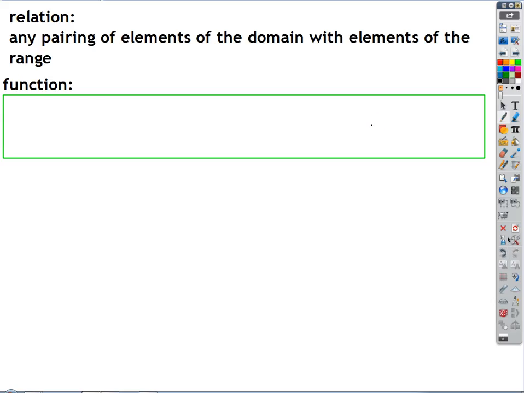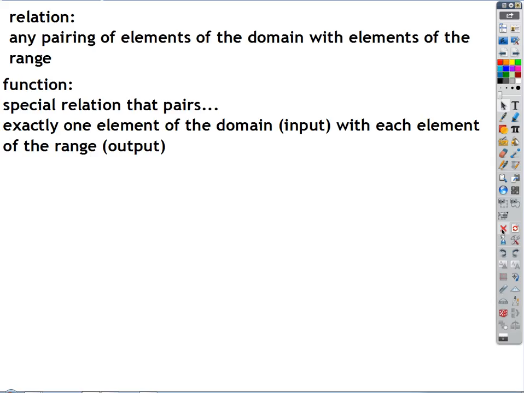Okay, so exactly one element of, I actually wrote that wrong. It should say for each element of the domain, there is exactly one element of the range. I don't know why I wrote it that way, but let's cross this out and rewrite it.